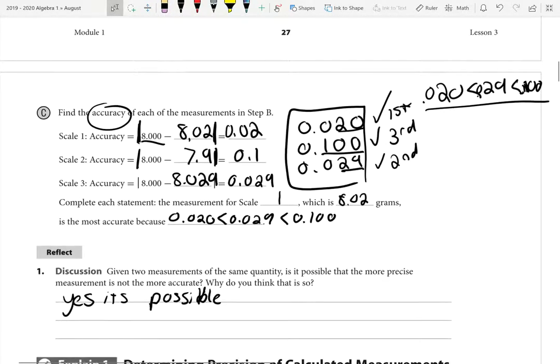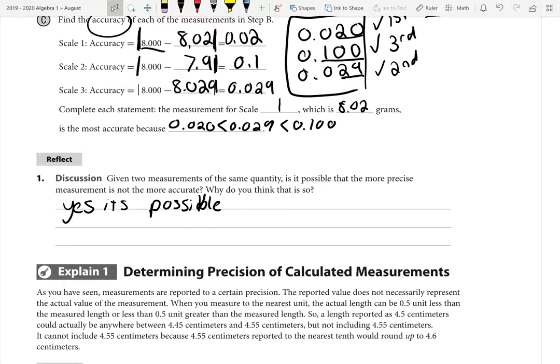But scale 3 was not the most accurate because it was just a little further away from 8.000 than the most accurate one, which was 8.02. So it's possible that you can be more precise, but not more accurate.